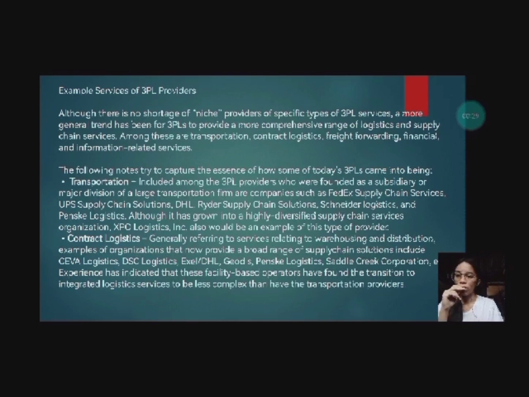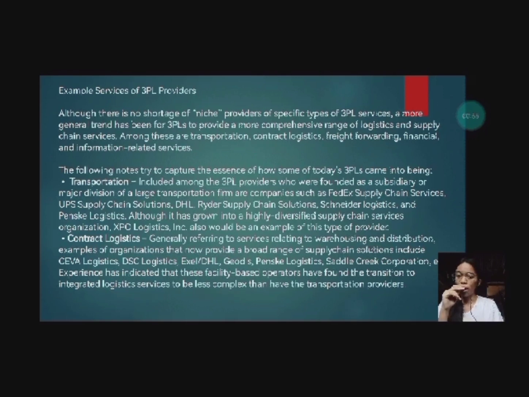So first is transportation. Included among the 3PL providers who were founded as a subsidiary or major division of a large transportation firm are companies such as FedEx Supply Chain Services, UPS Supply Chain Solutions, DHL, Ryder Supply Chain Solutions, Schneider Logistics, and Penske Logistics.